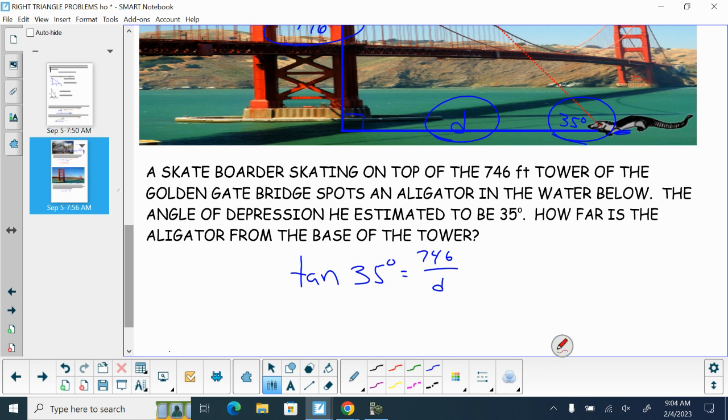Now solve for D. Remember, we have our variable D now in the denominator. How do we solve this problem? Go ahead and solve for D. Check your answers with somebody around you.